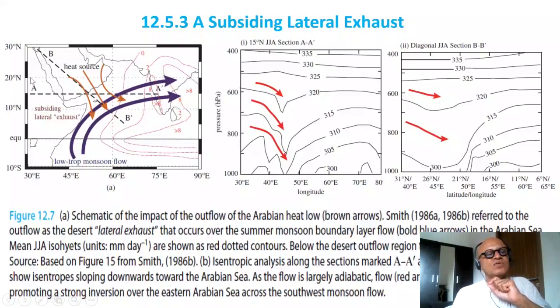Remember, again, we said deserts are approximately in the downwelling branch of the Hadley cell. Then we said that the maximum subsidence actually happens in December, in the winter months, and not in the summer rainy months. So where is the additional subsidence coming from?